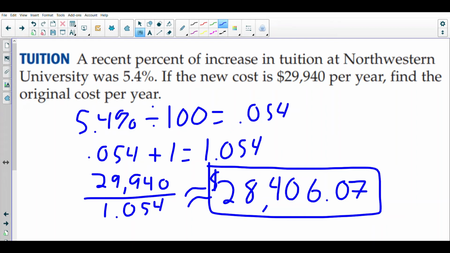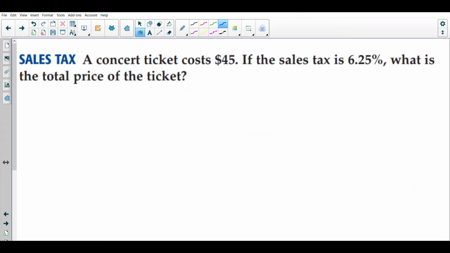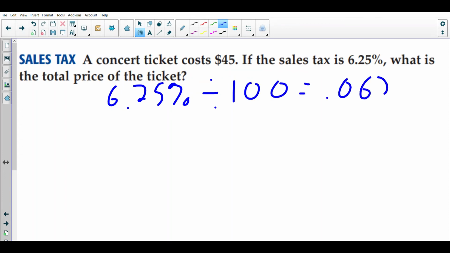I'm just following my directions. A concert ticket costs $45. If the sales tax is 6.25%, what is the total price of the ticket? They gave us the percent increase and the original cost. So 6.25% divided by 100 gives us 0.0625. Take that number times the original.